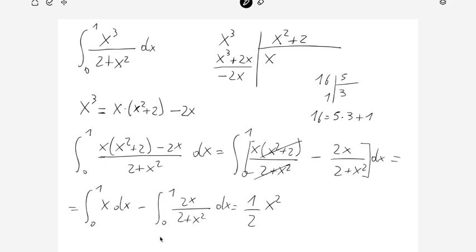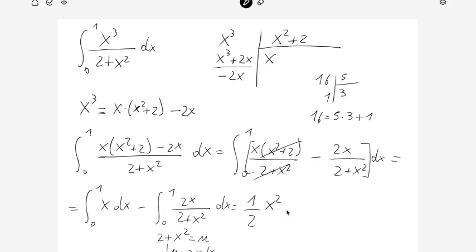So we can do a u substitution in this way. 2 plus x squared is equal to u, and then it means that du is equal to 2x dx, the derivative of this. So this is du.